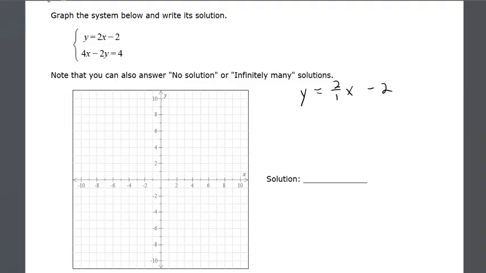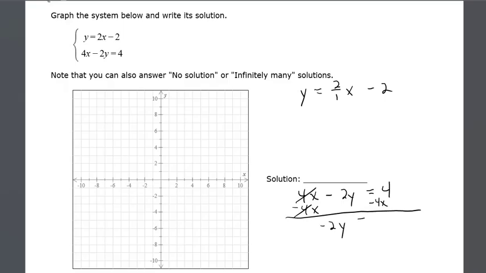Now the second equation we need to write in slope-intercept form. So we have 4x minus 2y equals 4. So we need to isolate our y. So we're going to move 4x from the left-hand side to the right-hand side by taking its opposite.